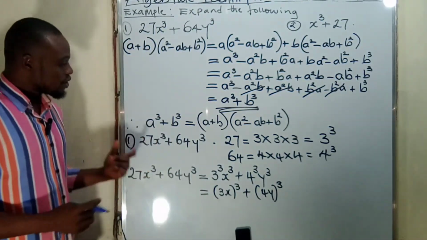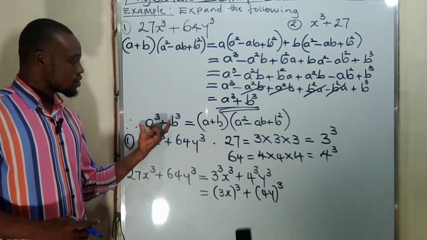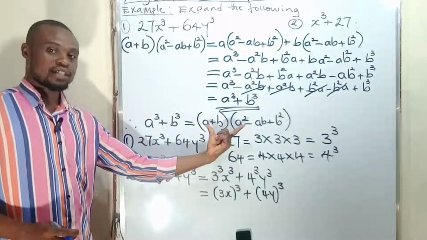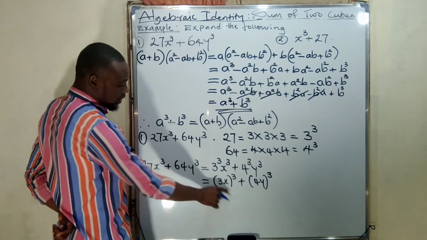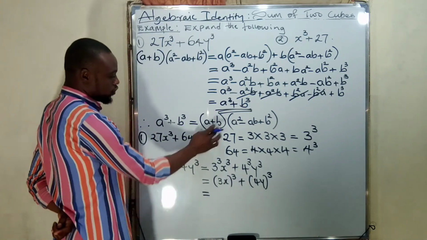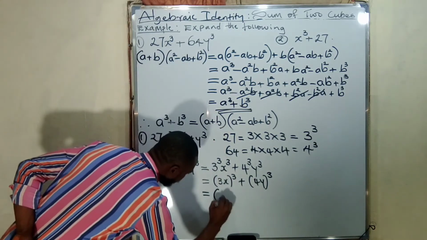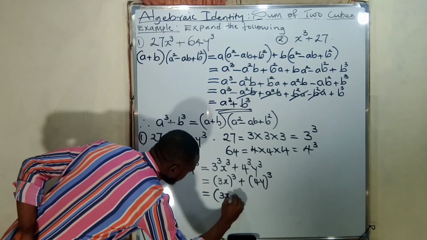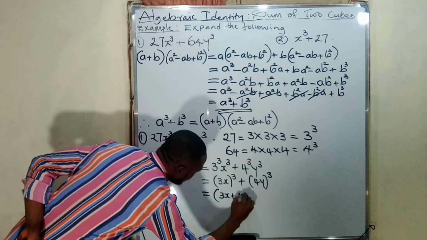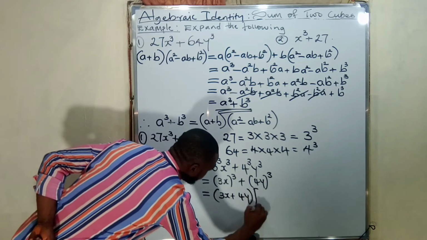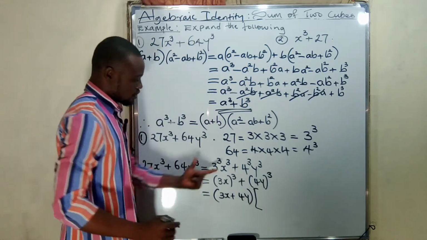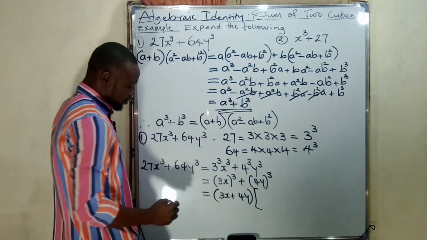So the expression says that if you have a question that looks like this, you can write it like this, right? So this is our a and this is our b. So the first thing is this particular bracket, which is open bracket, we have 3x plus 4y. So I'm going to write a square bracket because the other side is going to be a bit long.